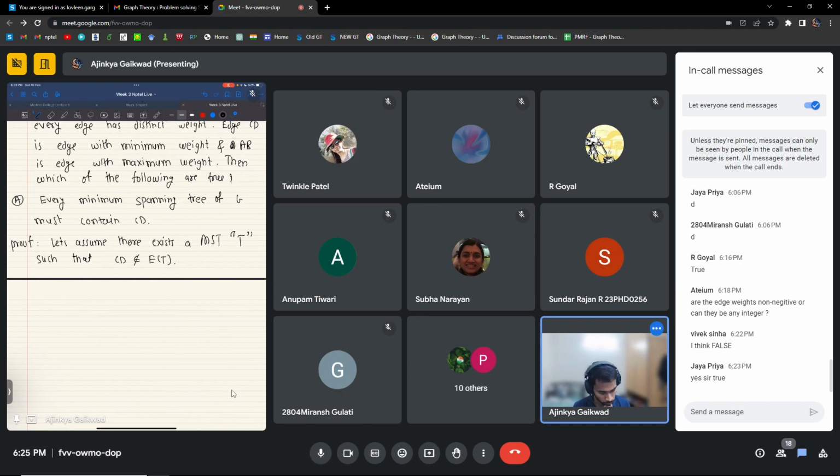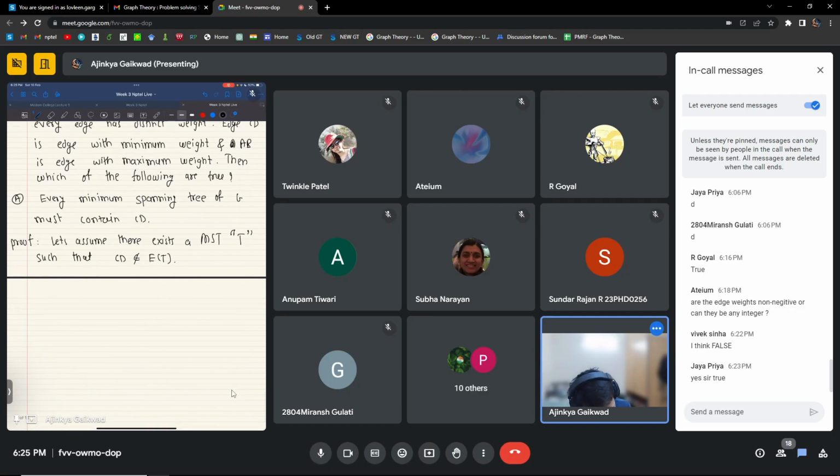So here is what I'll do. I'll take this tree T and I will construct another graph, let's say G1, which will be T union CD. Okay. So I started with MST T, which is a minimum spanning tree. And someone said, okay, CD may not be there. Why should it be there?